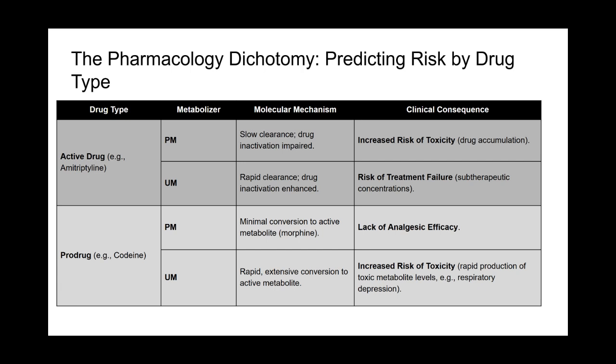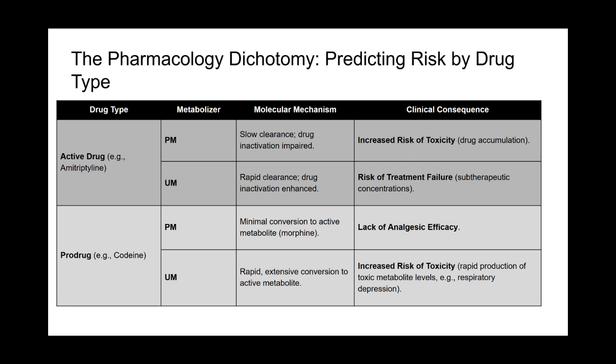Conversely, in individuals with an ultra-rapid metabolizer profile, the drug is cleared from the body too quickly. This rapid clearance often results in the drug concentrations in the blood being too low to be effective, which can lead to treatment failure.